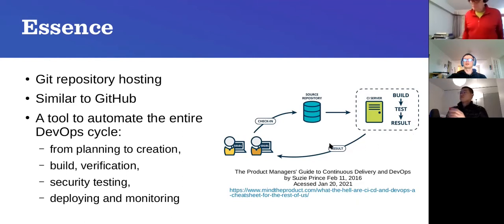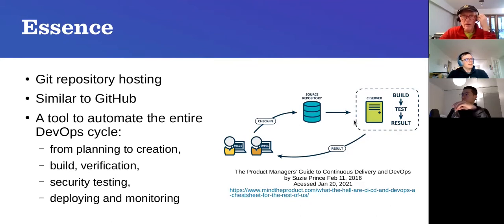In our case, in between there's going to be a web server which is going to host our website automatically. So the power in GitLab is that it allows not just to host the repository so that we can collaborate with other people, but it also allows you to automate the life cycle of the software. With websites, it's really nice. Instead of uploading a set of files through an SFTP manager or a file manager every time you need to change the website, you can use Git to version control and also update the website automatically.